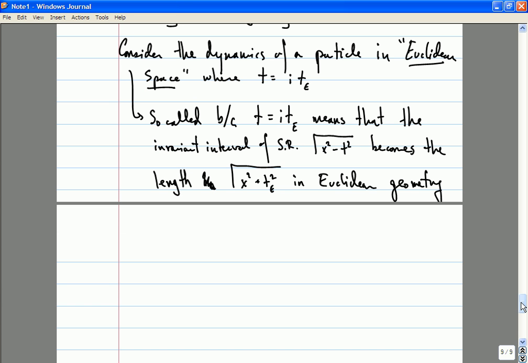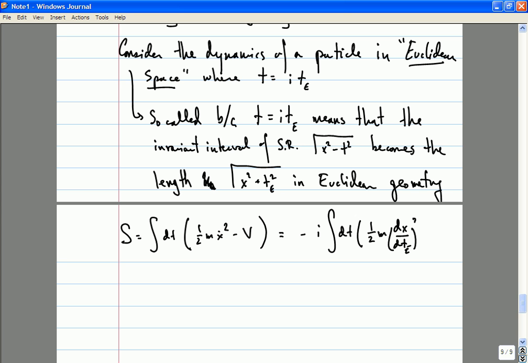Let's remember that the action of a particle is the integral of 1/2 m x dot squared minus V. If I write this in terms of the Euclidean time variable, this would be minus i times the integral dt_E of 1/2 m (dx/dt_E) squared.